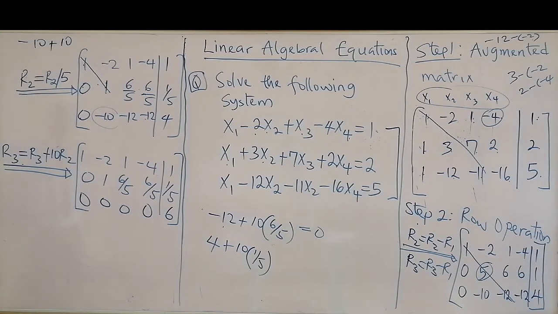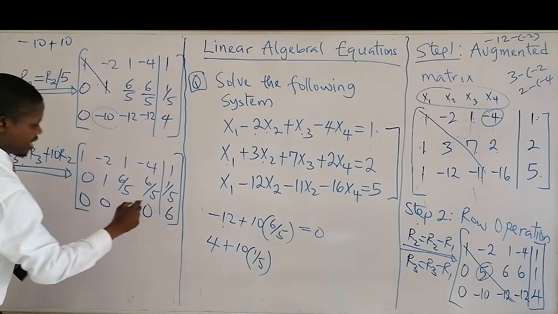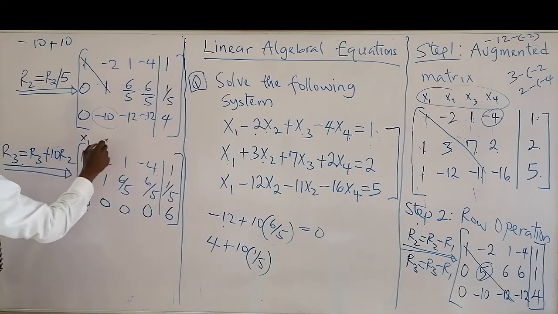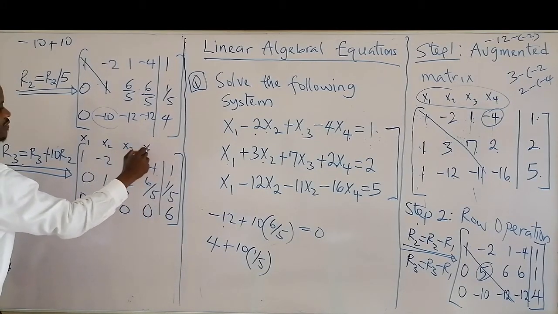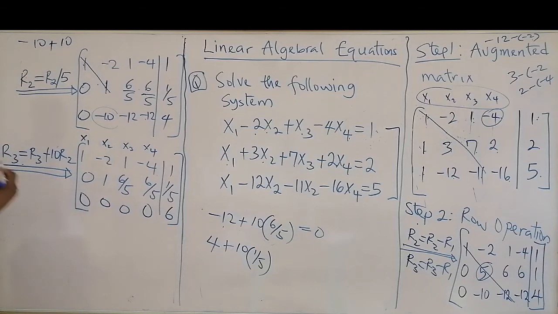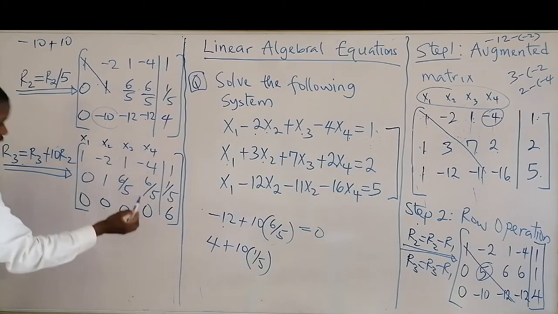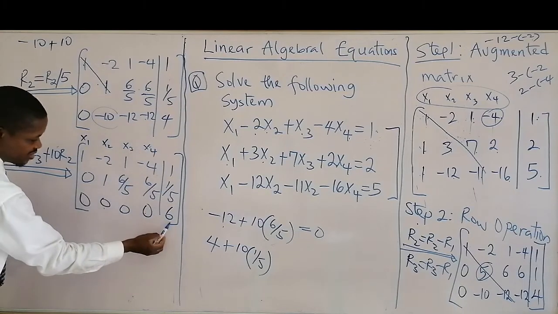I just want to make a point here. Don't forget that this is x1, x2, x3, x4. Anything you are forming from this row will be 0 times x1 plus 0 times x2 plus 0 times x3 plus 0 times x4 equals 6.